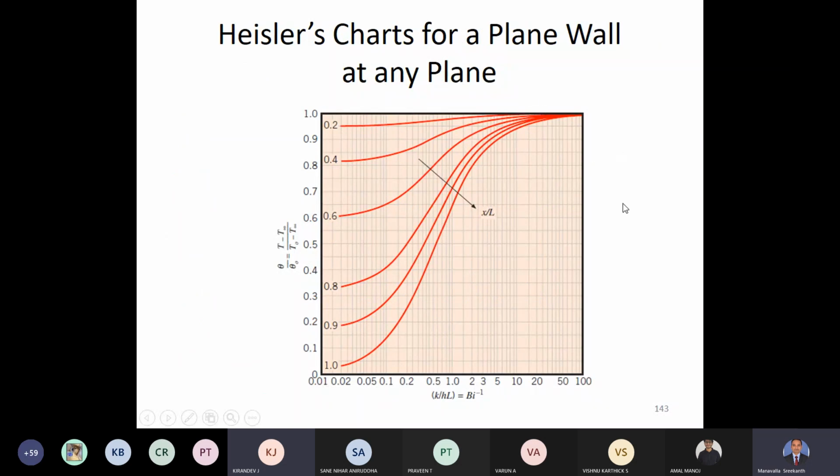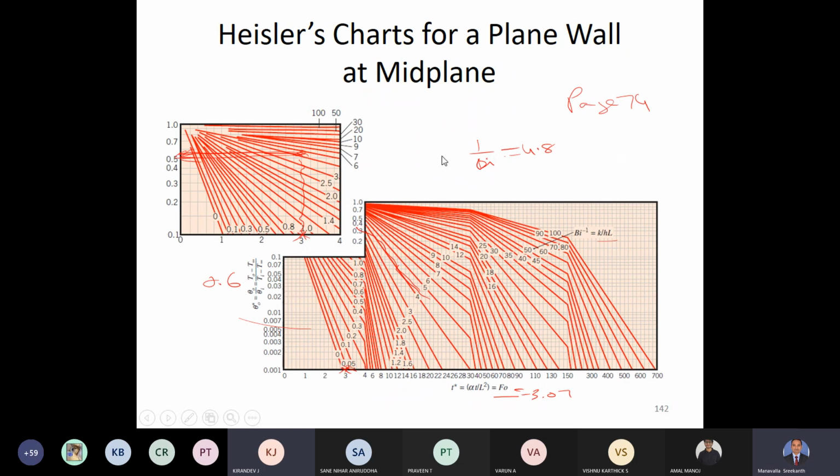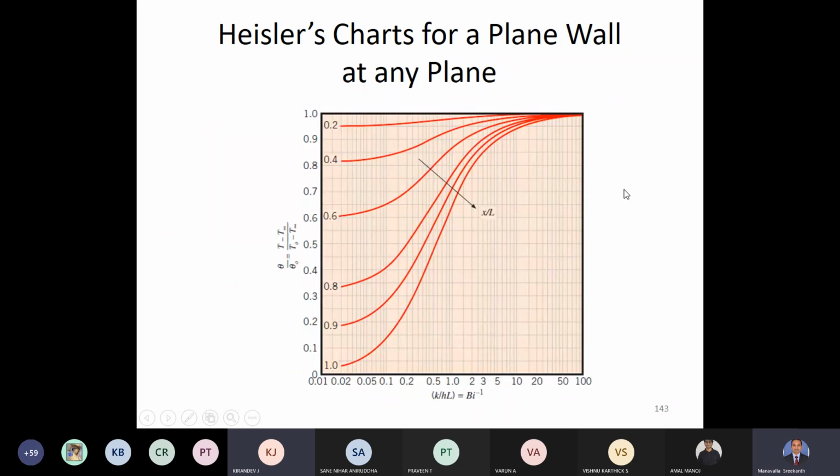To find the temperature at any plane, see, for the mid plane there is a separate chart, the one which we used just now. Now for any plane we will have to use this. On the x-axis we have the Biot number, and the parametric curve is x by L. What is our 1 by Biot number?